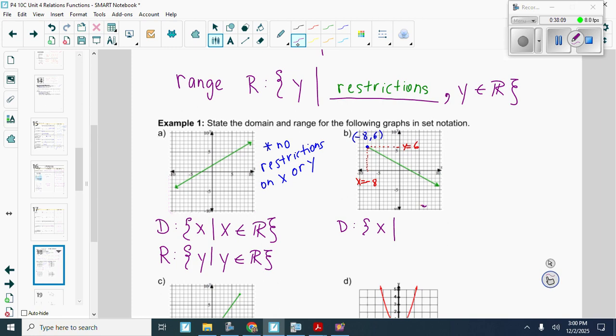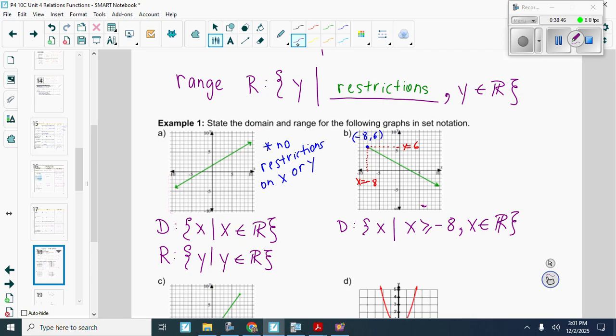Does my graph exist over here? Yeah, there's an arrow over here. Do I have a closed dot or an open dot? Closed dot. So I'm going to say that x has to be greater than or equal to -8. Are there any other restrictions other than that one? It just has to be greater than -8. So this is my restriction, and then I'm going to do a comma. Other than that, though, x belongs to real numbers.